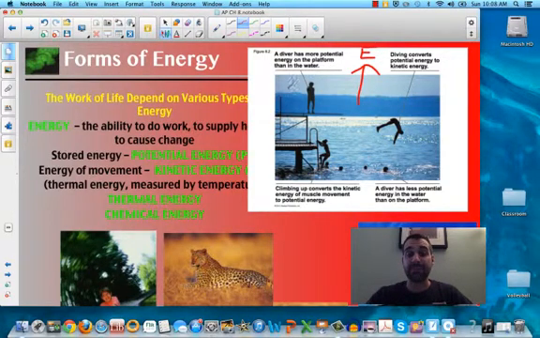High potential energy up here, low potential energy down here, and in between, sorry y'all, this potential energy is converted into kinetic. And the process can start all over again by an input of energy here.